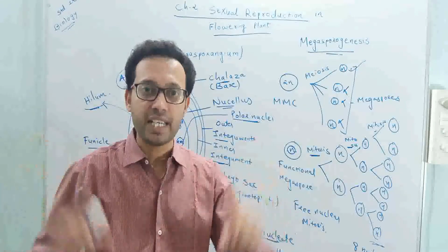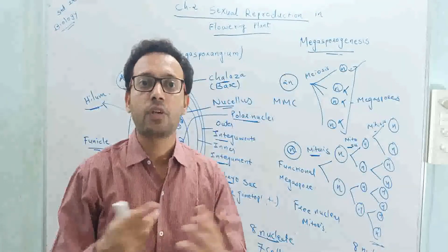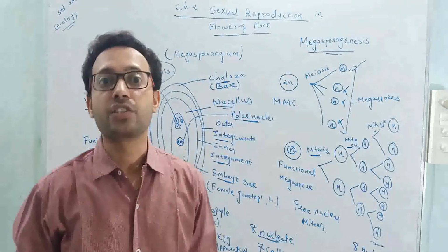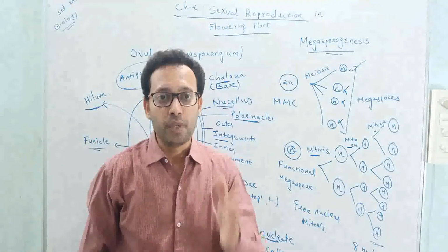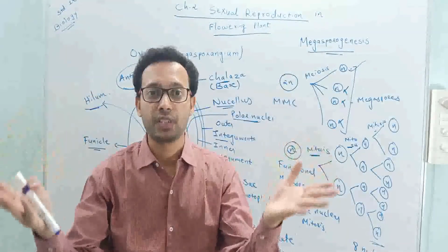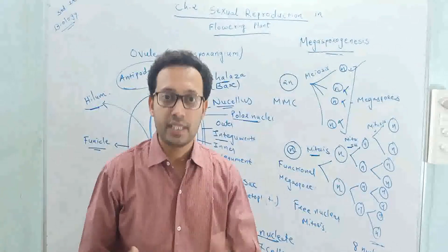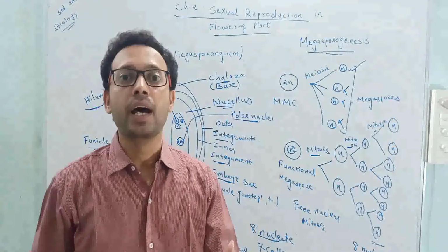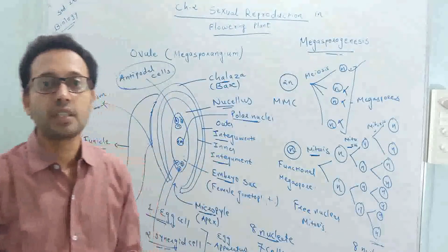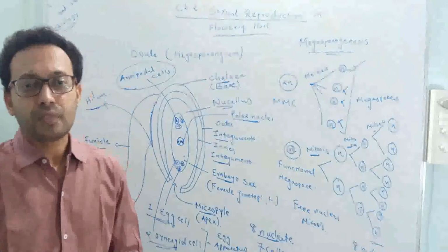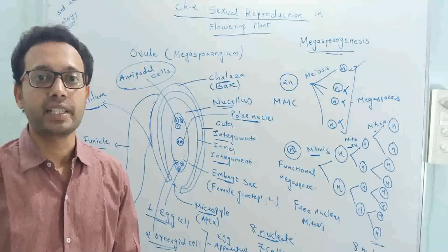So there is a need for an agent which will transfer the male gamete to the female gamete, and that is what we call a pollinating agent. In the next session we will learn the pollination process: how the transfer occurs, the different ways of gamete transfer, and which agents help in that process.